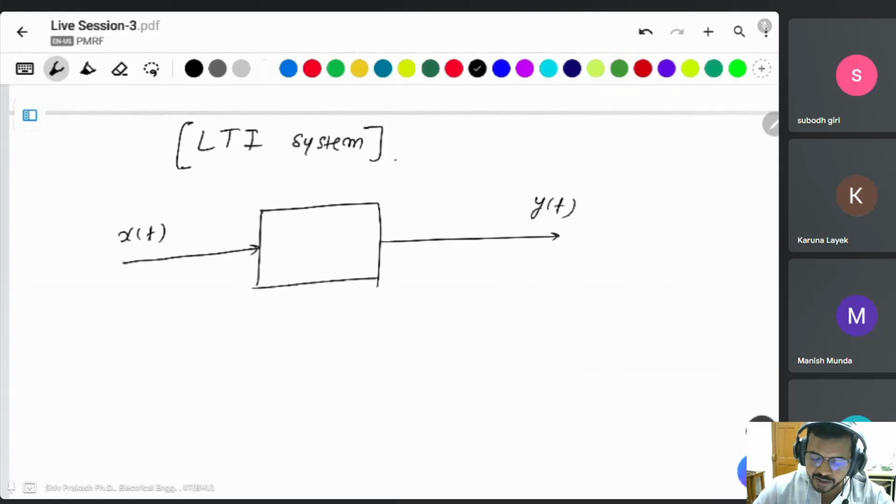Between them is a system known as the LTI system. LTI means linear and time invariant.